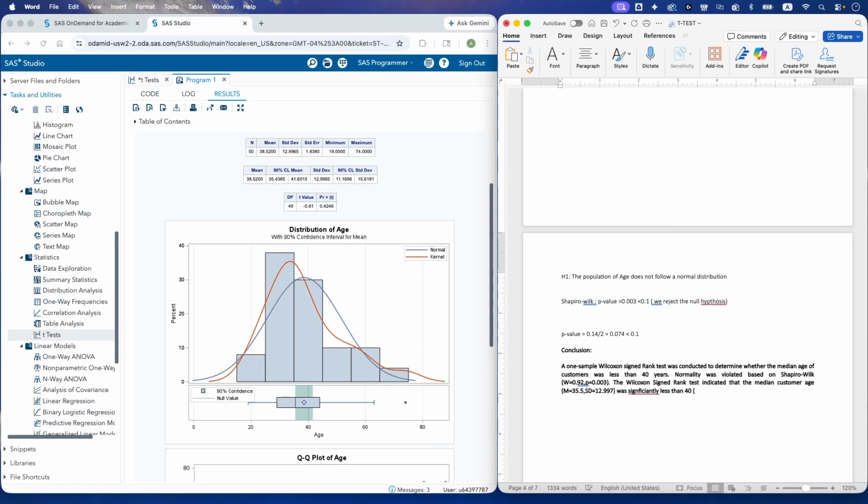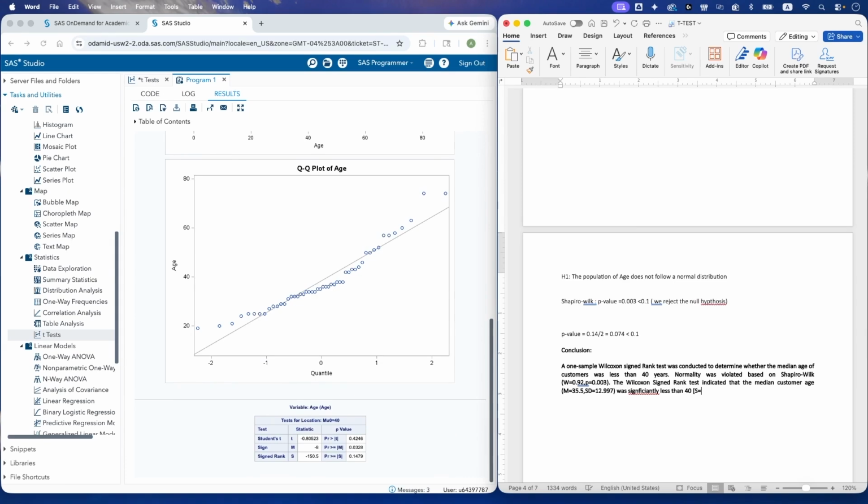And we do have the statistic negative 150.5. Also, we have p-value 0.0, not negative, 0.074, we said, right? Because we divided the p-value by 2.